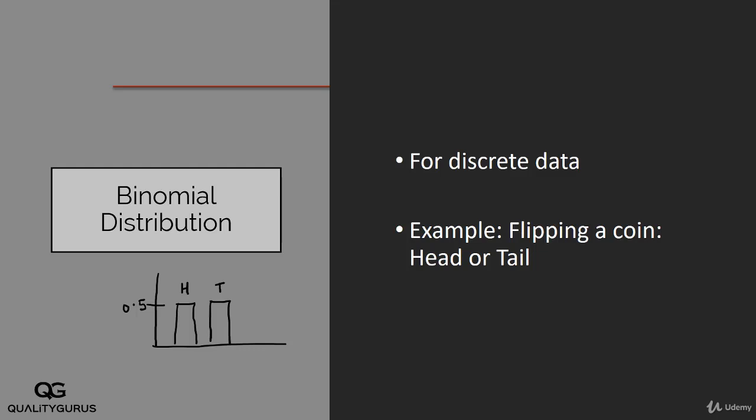We have not gone into the details of probability, but let's take that for now, and that's common sense as well. This is two heads, this is one head and one tail, and this would be two tails. This is 0.25 and this is 0.5. So this is how I would draw a binomial distribution when flipping two coins.